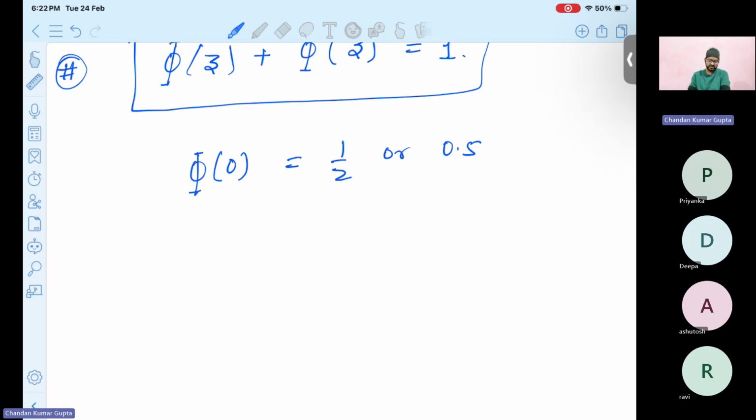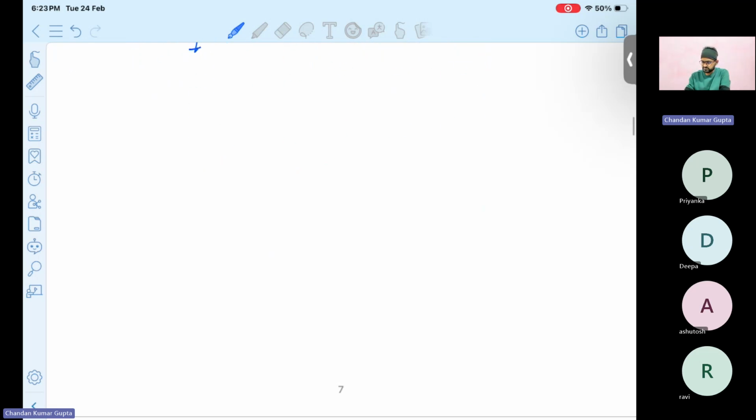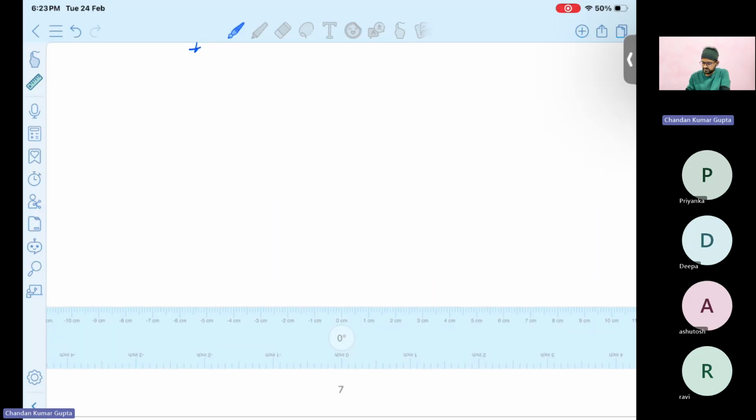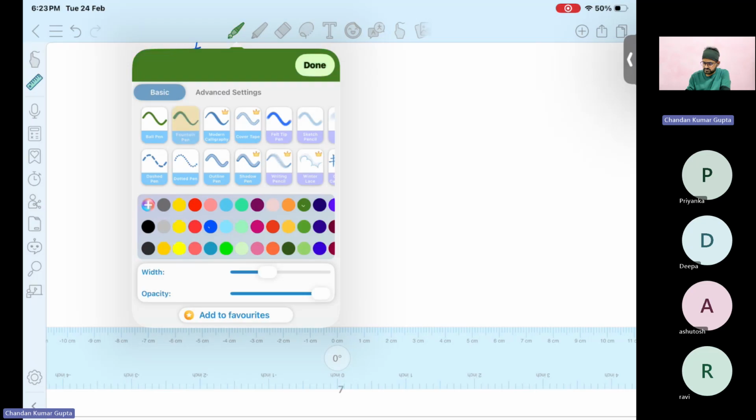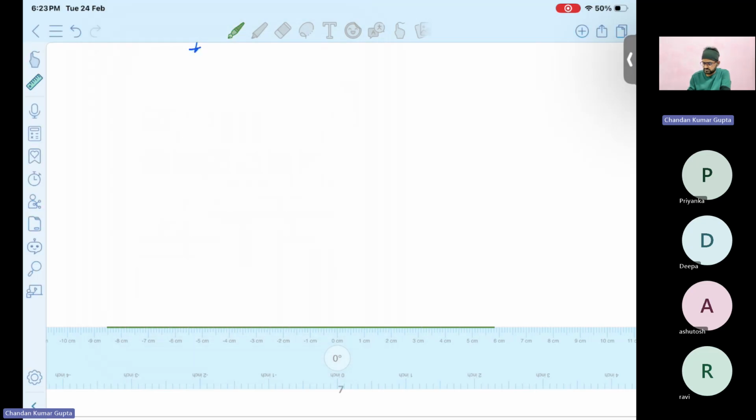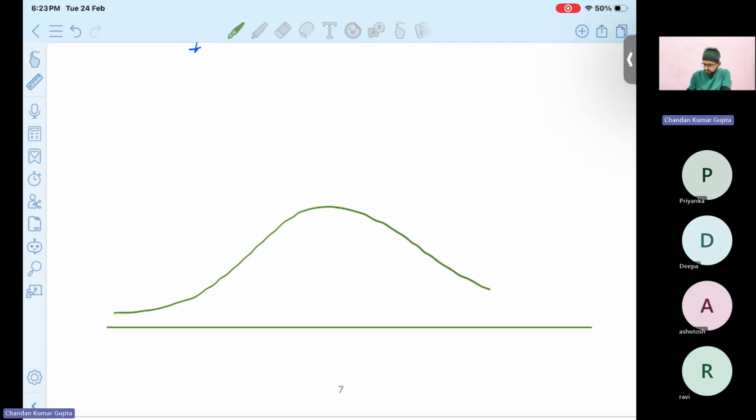Actually, let me draw a graph for you. Suppose it's a symmetric curve.